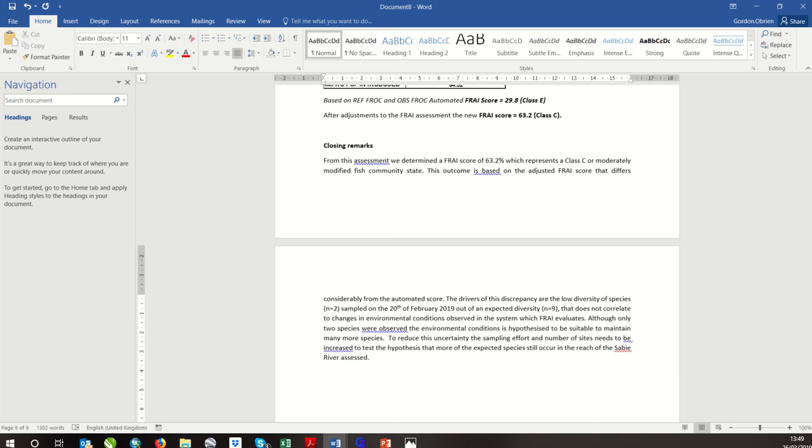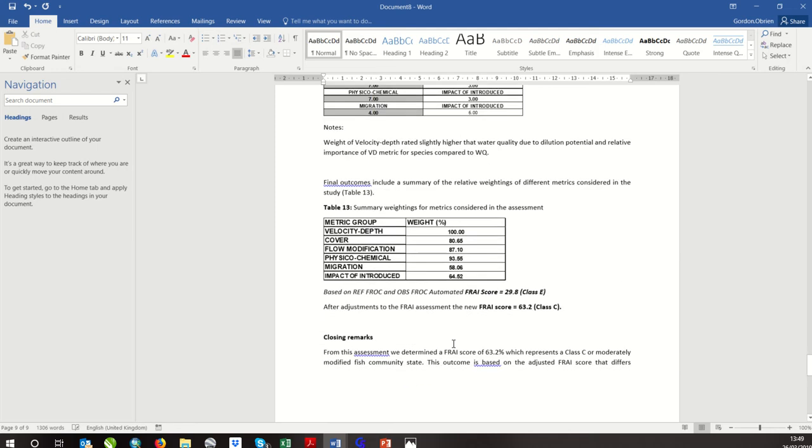To reduce this uncertainty, the sampling effort and the number of sites needs to be increased in monitoring assessments to test the hypothesis that more of the expected species still occur in the reach. And which reach am I referring to?